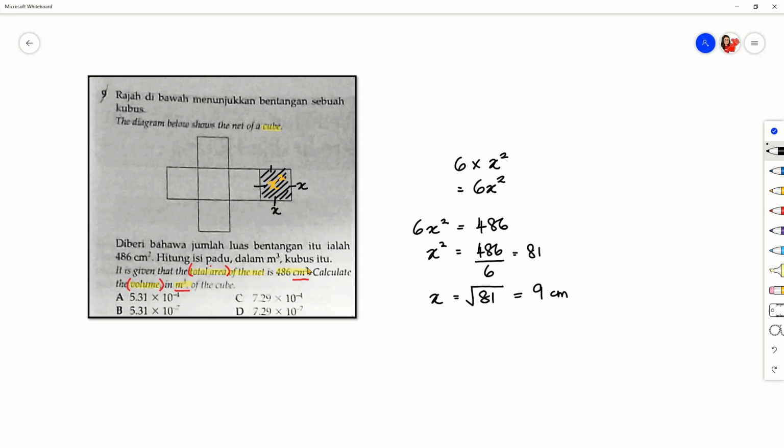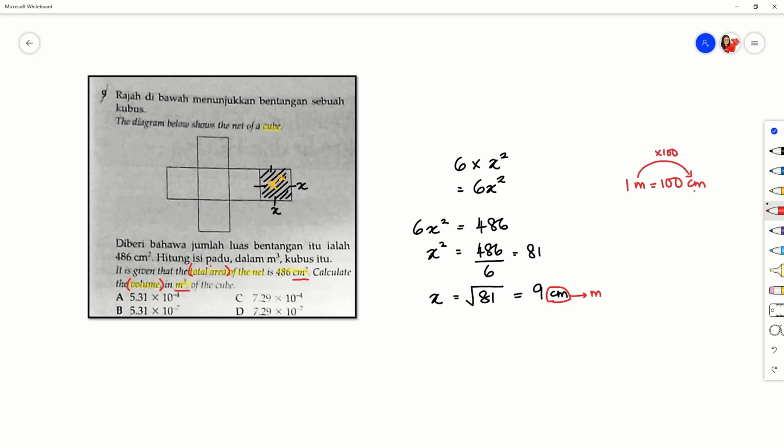Second is converting the centimeters to meters, because they've given us the area in square centimeters, but what they want is in cubic meters. So I'm going to convert the centimeters to meters. We know that 1 meter equals 100 centimeters. If I want to change meters to centimeters, I would have to times 100.